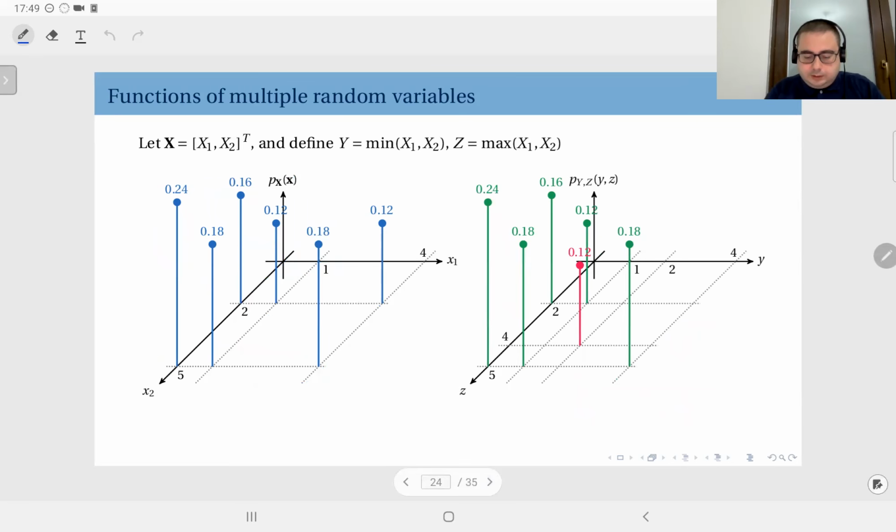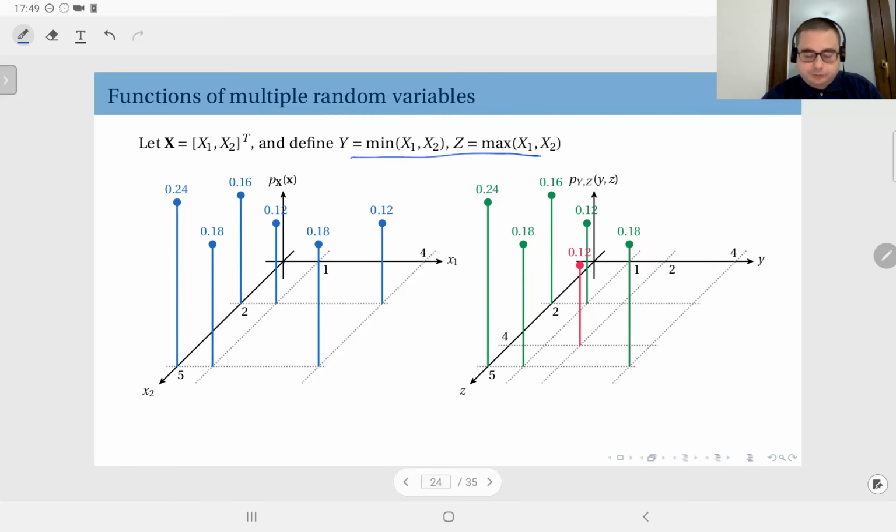And remember the definition. y will be the minimum of the two, z will be the maximum of the two. And in all but one of these pairs, 0, 2, 0, 5, 1, 2, 1, 5, and 4, 5, you see x1 is the smaller value, x2 is the larger value. So you see these 5 green points here.